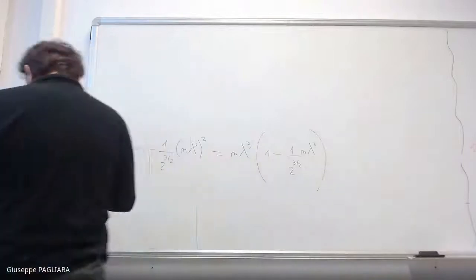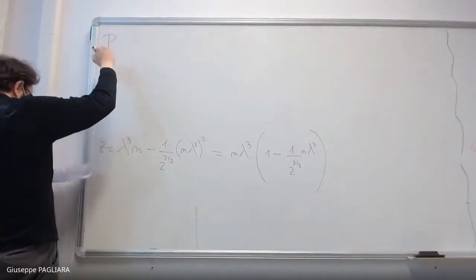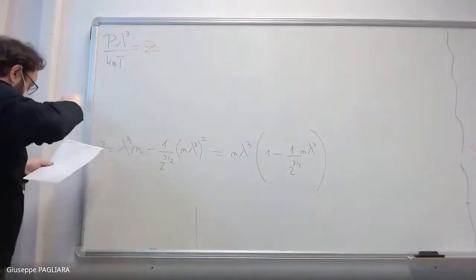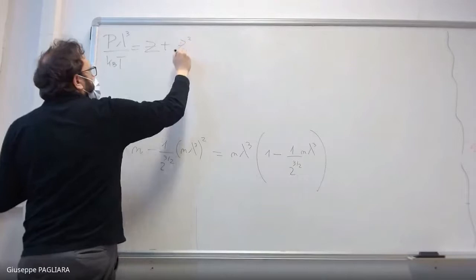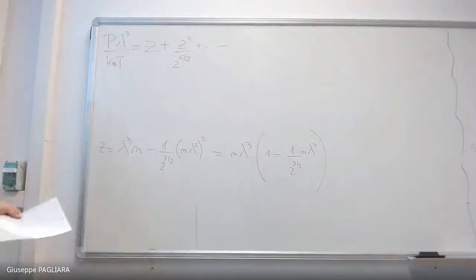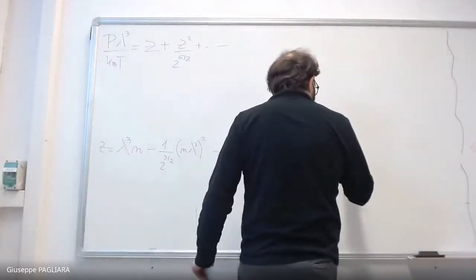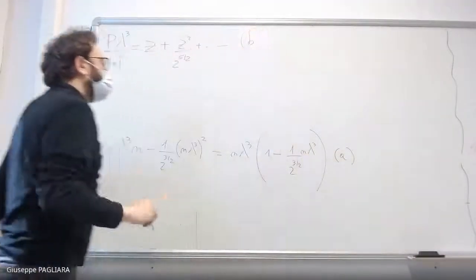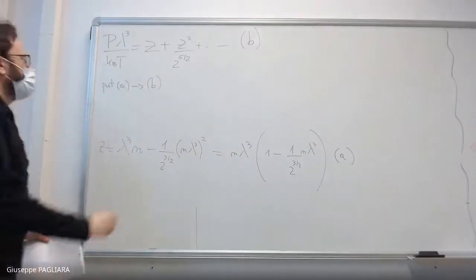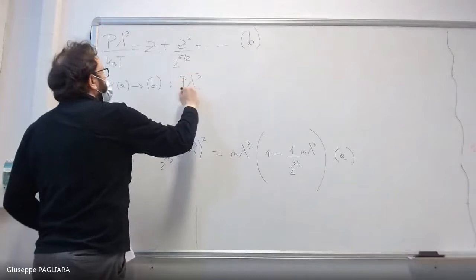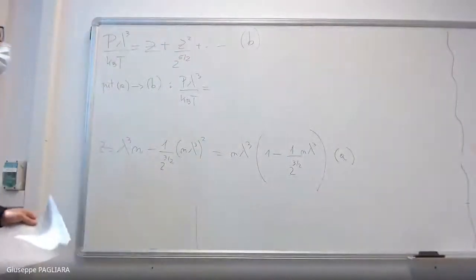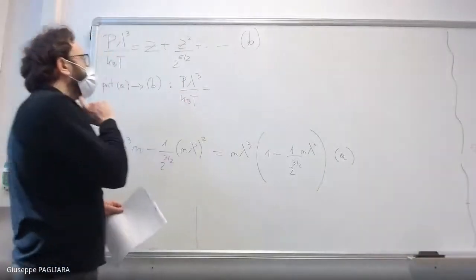Let's introduce this equation in the relation between pressure and lambda cubed, that was the following, that was z plus z squared over 2 to the power of 5 half plus etc. Now take this equation, let's call it A and B here, and put A in B. So now we get that P lambda cubed over KBT is equal to z, which is this guy here, plus the same guy to the power of 2 divided by 2 to the power of 5 half.